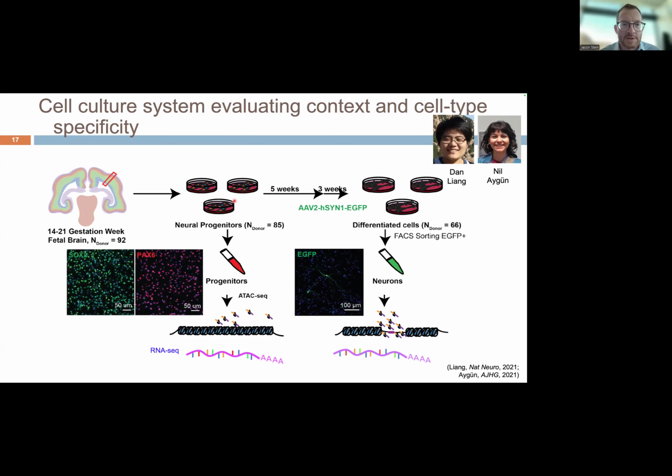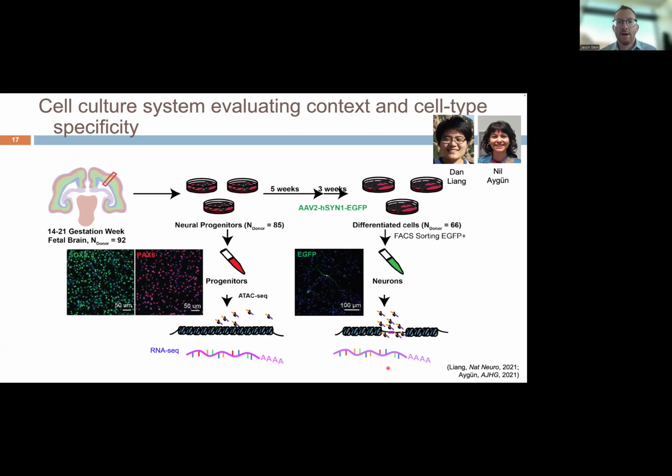We profiled these donors in two different cell types: neural progenitors, which are SOX2 positive, PAX6 positive radial glia, and neurons. We differentiated them out for 8 weeks, labeled with a virus that specifically expresses GFP in neurons, sorted out the neurons, and performed chromatin accessibility profiling through ATAC-seq in our neurons and progenitors, as well as RNA-seq in our neurons and progenitors.